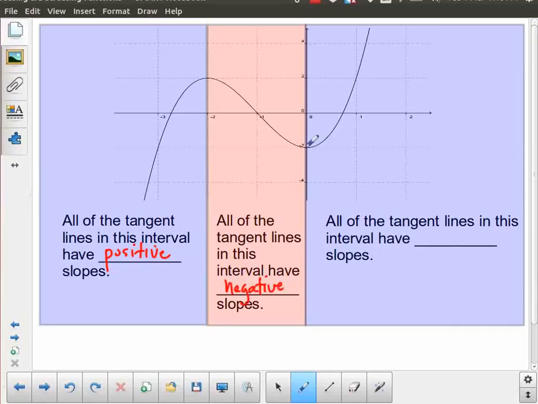And then once again, we pass that local extrema where the slope is 0, and once again, we're looking at only positive slopes. So we're going to want to attack this idea of intervals of increase and decrease not quite in the same way that we looked at it in advanced functions. We're going to look at it from a calculus perspective, and then in the lessons going forward, we're going to take that further and expand upon it.